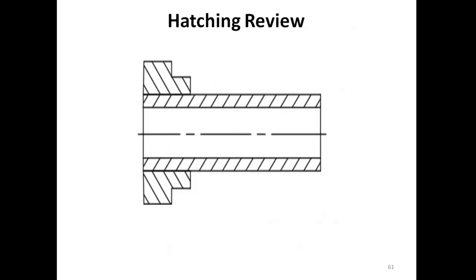We will again study how hatching is done for two adjacent parts. Now one bush is there on which another part is inserted. So the two sections must be shown by different lines.